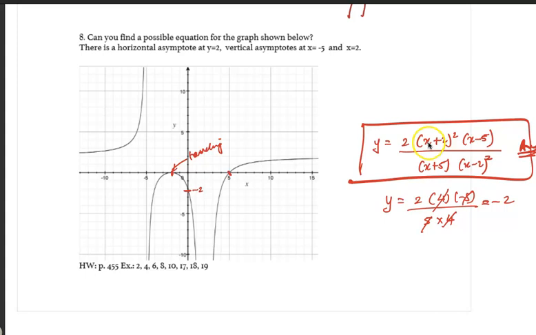Now the vertical asymptotes are x plus 5 and x minus 2. But if this was squared and this wasn't, you'll get an oblique asymptote. So you have to square one of them. Because there's a minus 2 surviving, I wanted a minus sign to survive in the numerator, so I squared this. That's a thing I use.